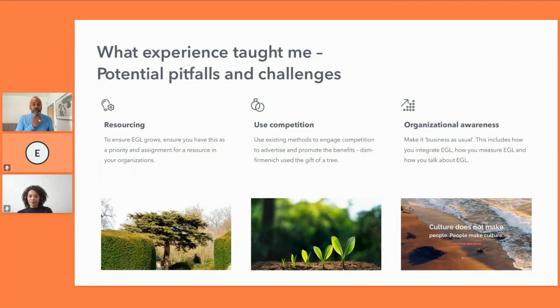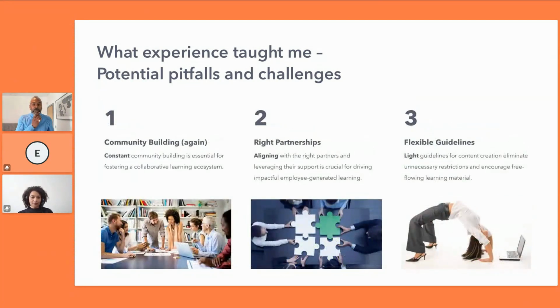I think a few more things to highlight just in terms of what's really important. I've got down community building here, because I think the benefit and the success we had was because the community of people using EG and then promoting it was so strong. But that's because we had a dedicated resource helping to manage the community.